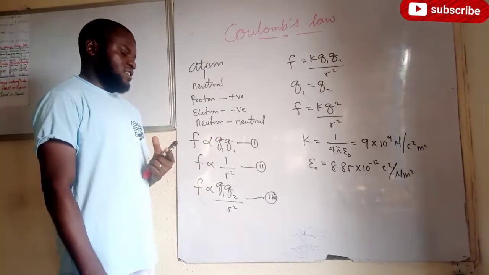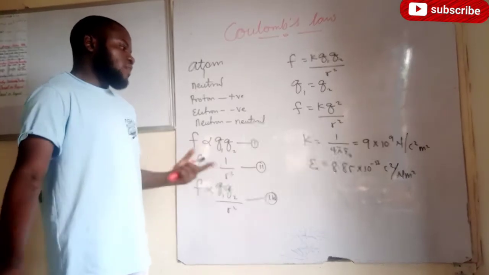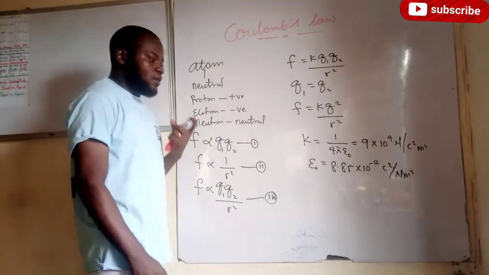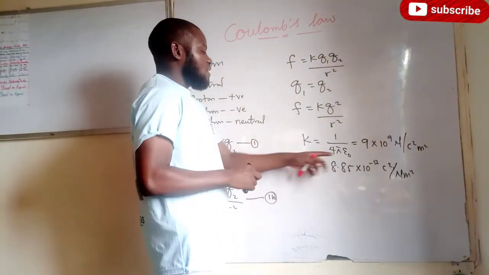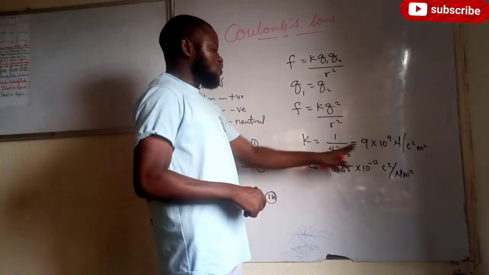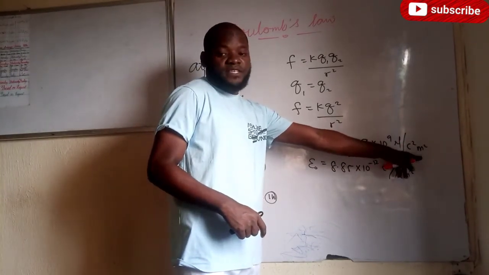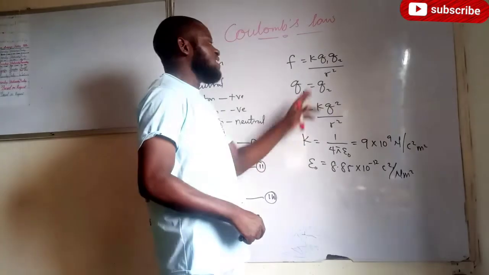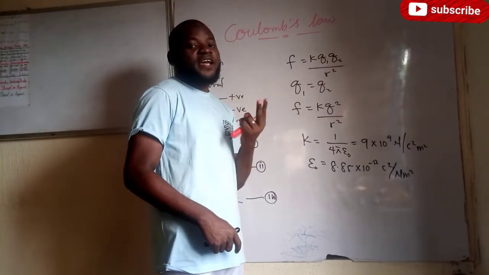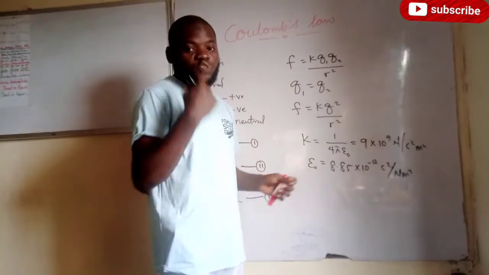So if that should be the case, we can then do something else here. What is the something else that we need to understand here? You can only use K to be 9 times 10 raised to power 9 Newton per Coulomb square per meter square if and only if these two charges are in vacuum or in air. Are we together now?